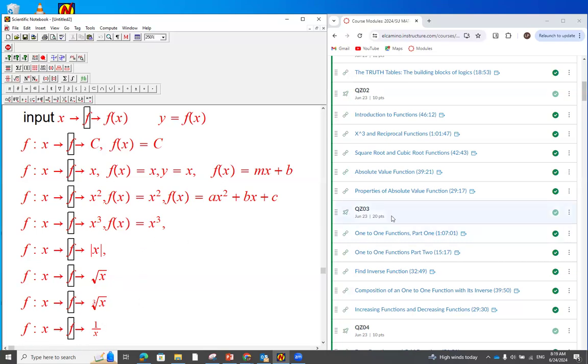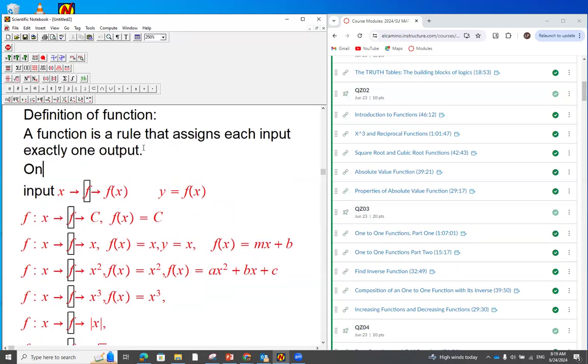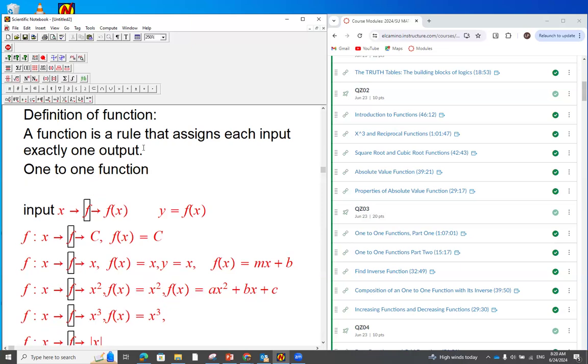Okay. And we also introduced very important concepts, such as one-to-one function. Right? What makes a one-to-one function? And what is not a one-to-one function?